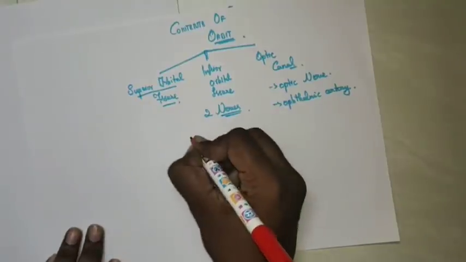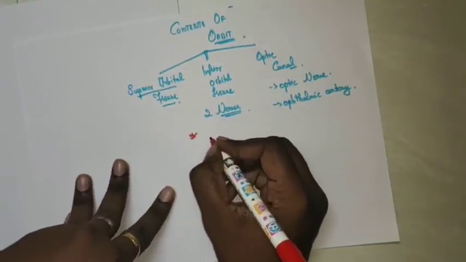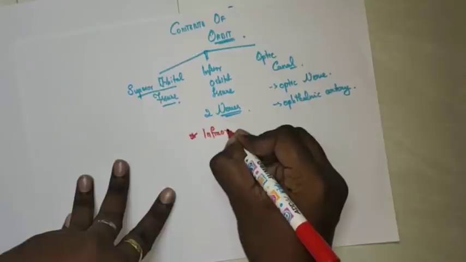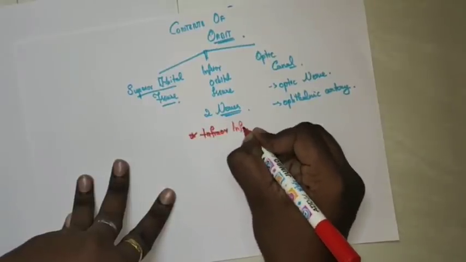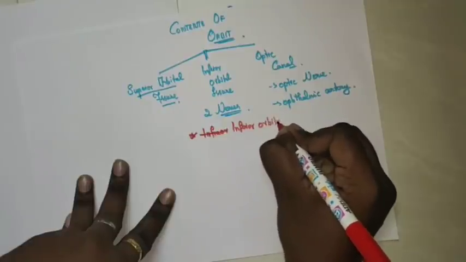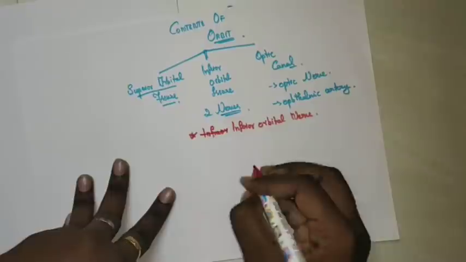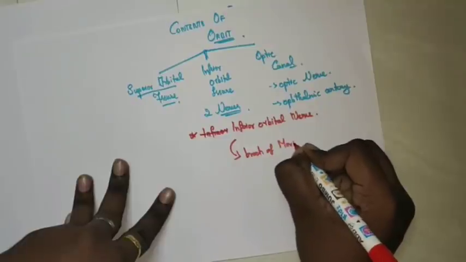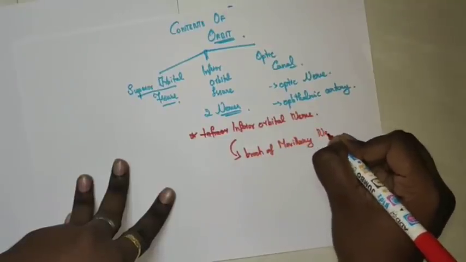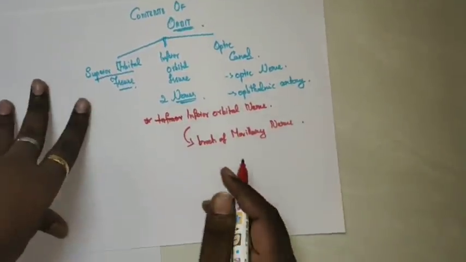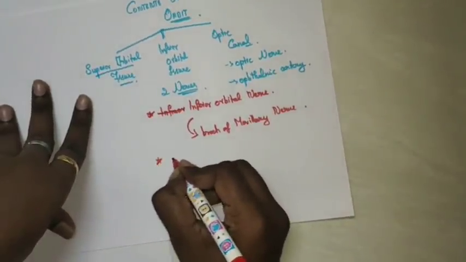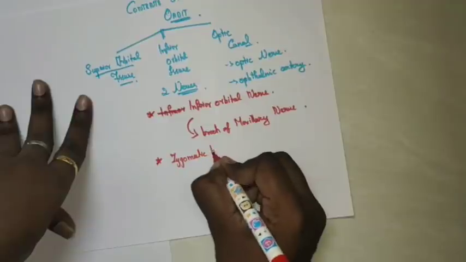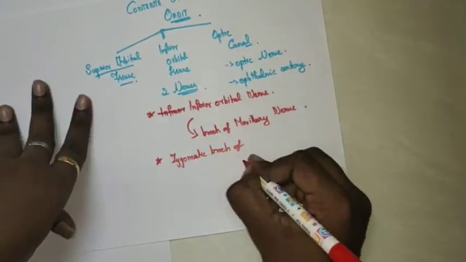It contains two nerves, namely the infraorbital nerve, which is a branch of the maxillary nerve, and it also has another nerve, which is the zygomatic branch of the maxillary nerve.